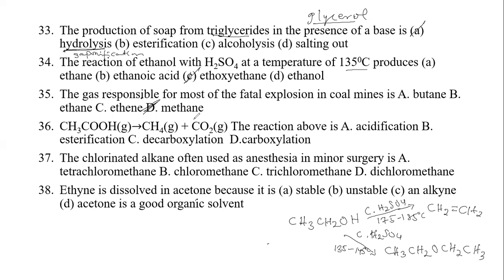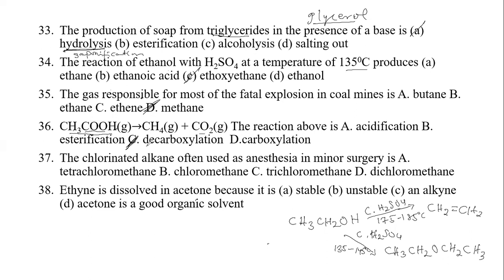So for instance, how do we produce methane? Methane can be produced from decarboxylation of ethanoic acid. When you heat ethanoic acid, it's going to decarboxylate. So this COO will escape, and this H joins with this one to become CH4, and that is decarboxylation of alkanoic acid.